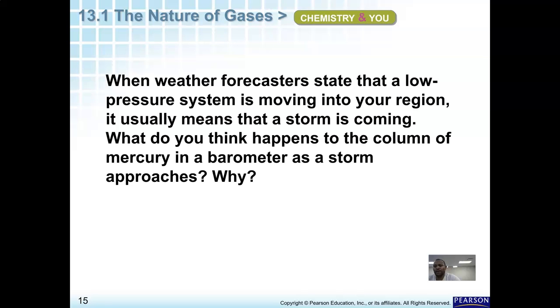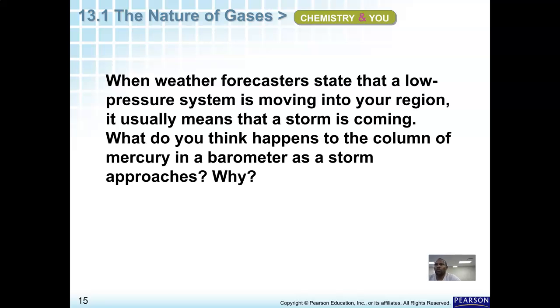Remember that wind always blows from the area of high pressure to the area of low pressure, and that, along with temperature, helps meteorologists predict the weather conditions of the area where you live or any area in the world.